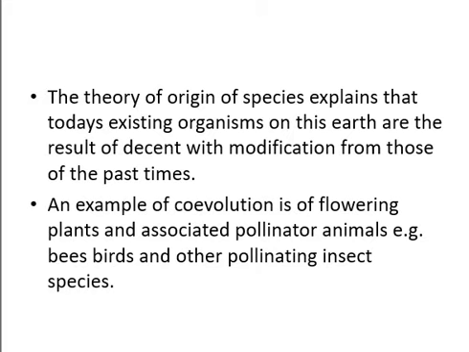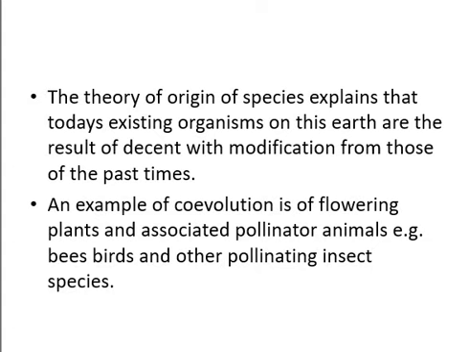The theory of origin of species explains that today's existing organisms on this earth are the result of descent with modification from those of past times. That is, all the living organisms existing today on the surface of the earth came into existence as a result of evolution.